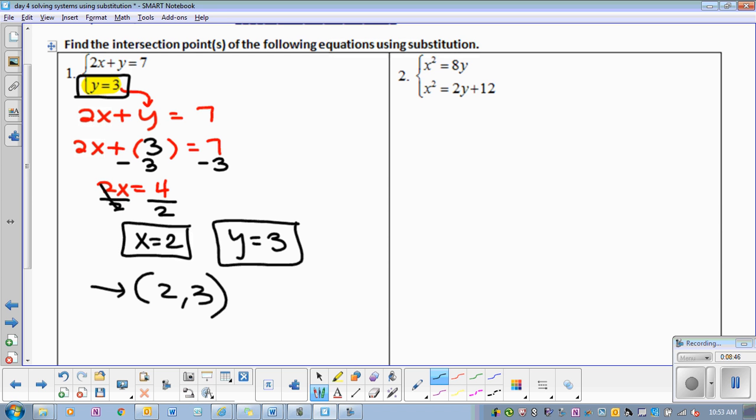Number 2, I want you guys to write down something here.